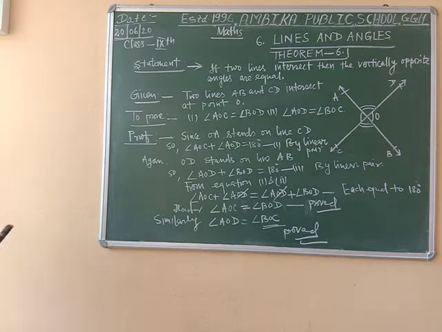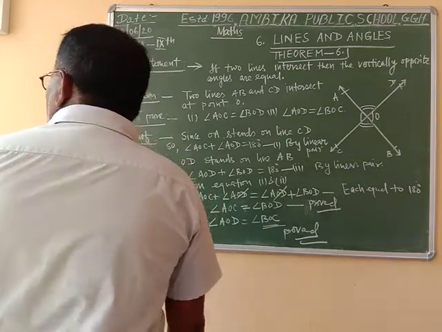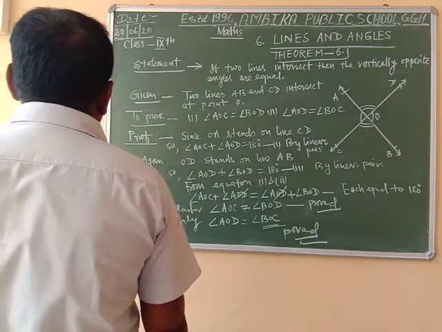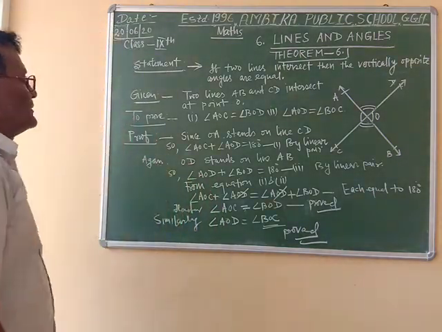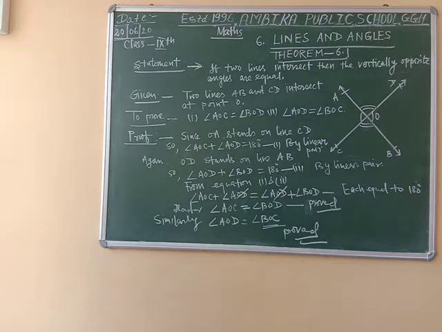Again, I am going to discuss theorem 6.1. The statement is: if two lines intersect, then the vertically opposite angles are equal. जब दो रेखाएं एक दूसरे को प्रतिच्छेद करती हैं तो विपरीत शीर्ष कोण अथवा सम्मुख कोण आपस में बराबर होते हैं.